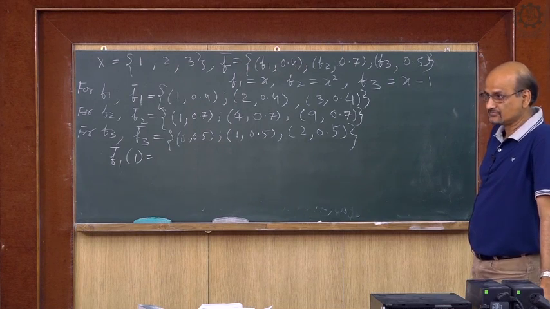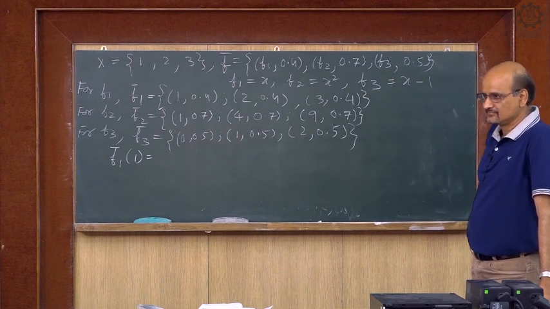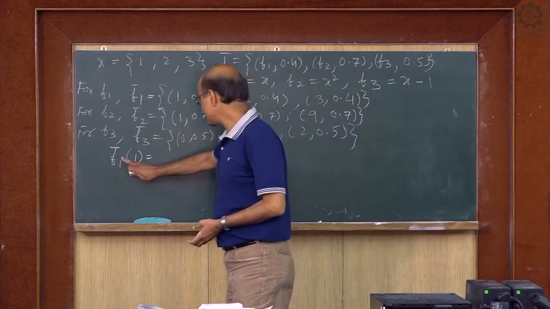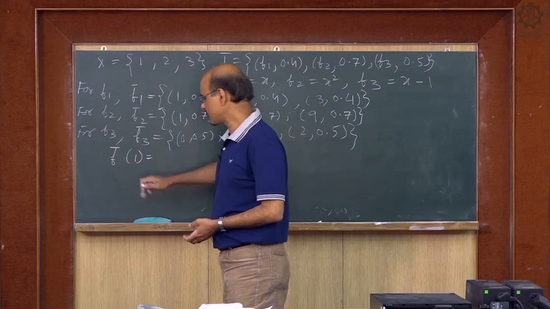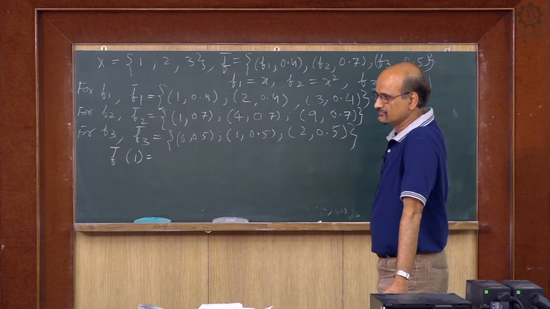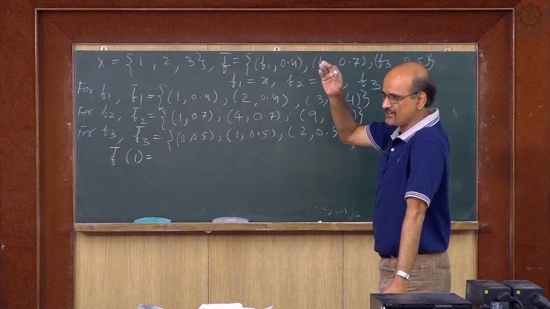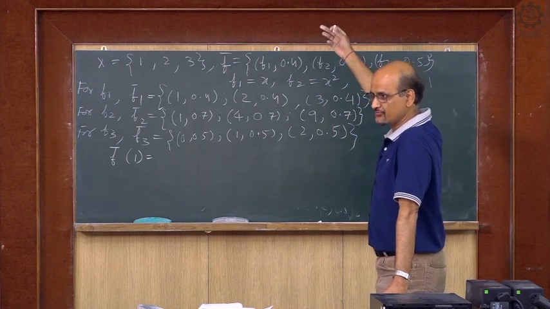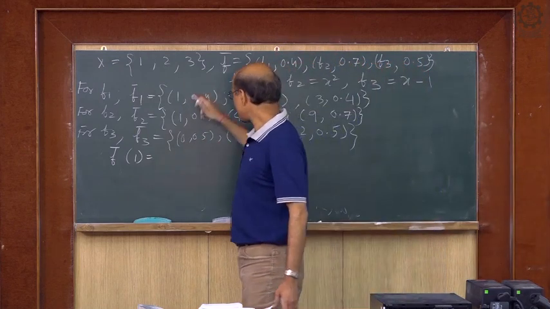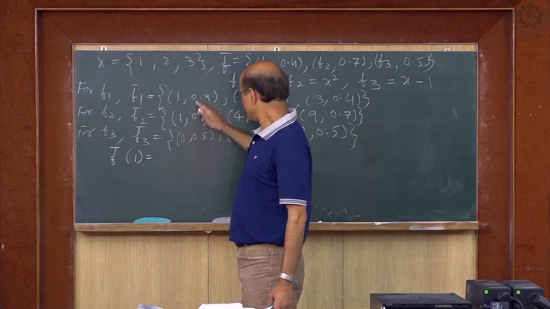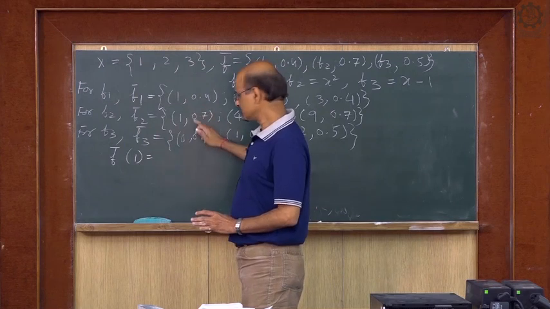F1 bar 1, from these it will come. Or you can see it is not f1, if I put it will be confused, f bar 1. So, see, f bar is having a bunch f1, f2, f3 bar. So, f bar at 1 are these or not? Let us write first these 3.